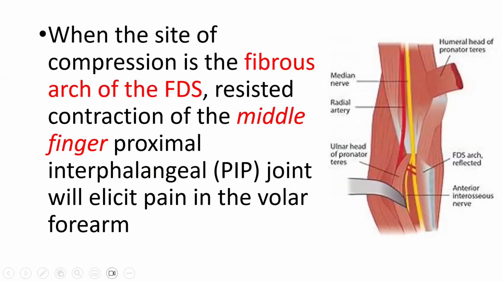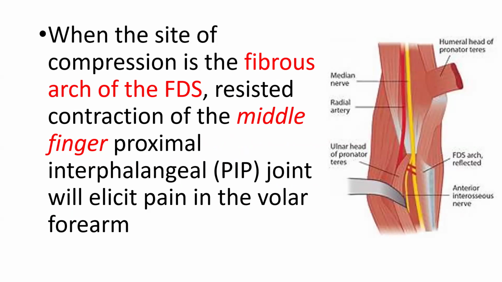This shows you how it's passing deep to the flexor sublimis tendon. We mentioned that the anterior interosseous nerve is given as a branch from the median nerve proximally in the forearm, and both will pass underneath the arch of the sublimis at this level, and this will lead to compression.